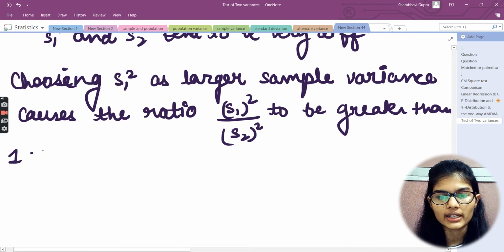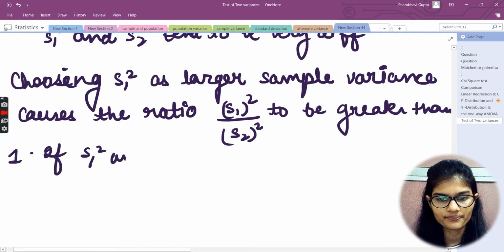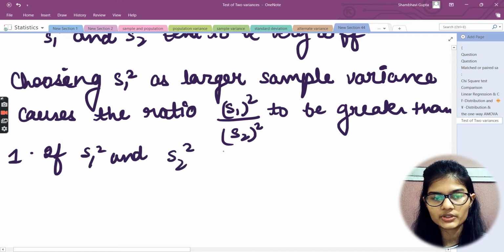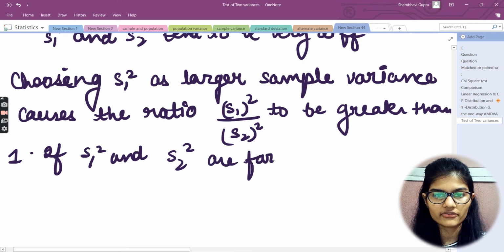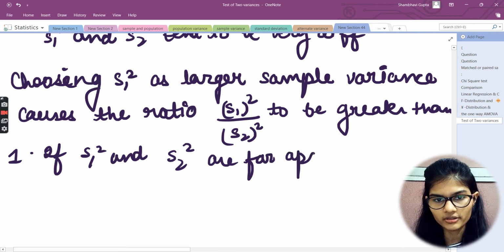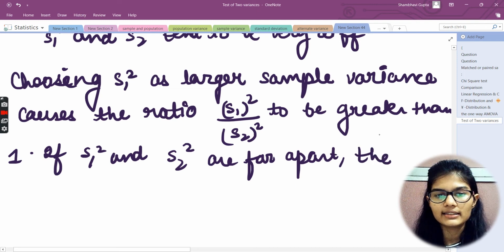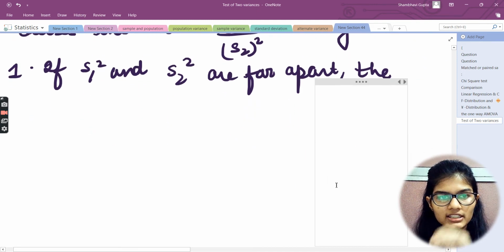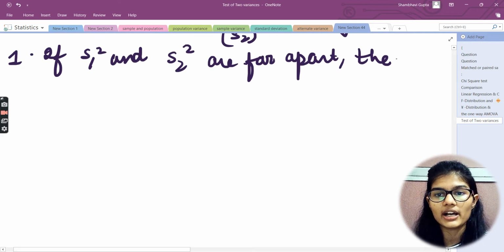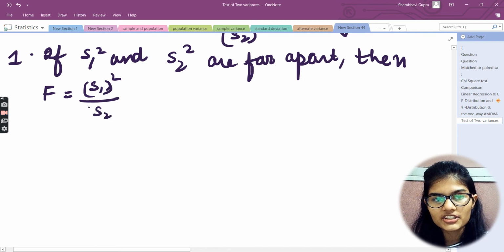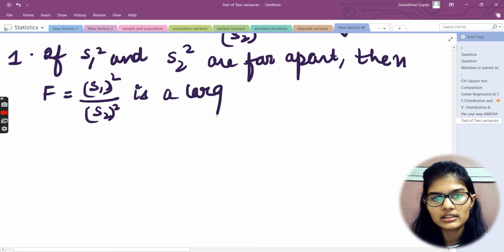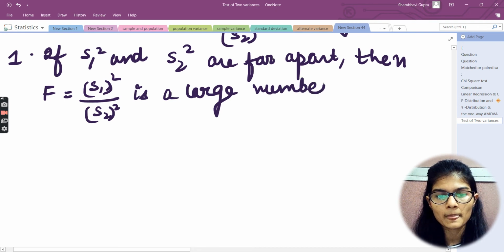If S1 squared and S2 squared are far apart, then F equal to S1 squared divided by S2 squared is a large number.